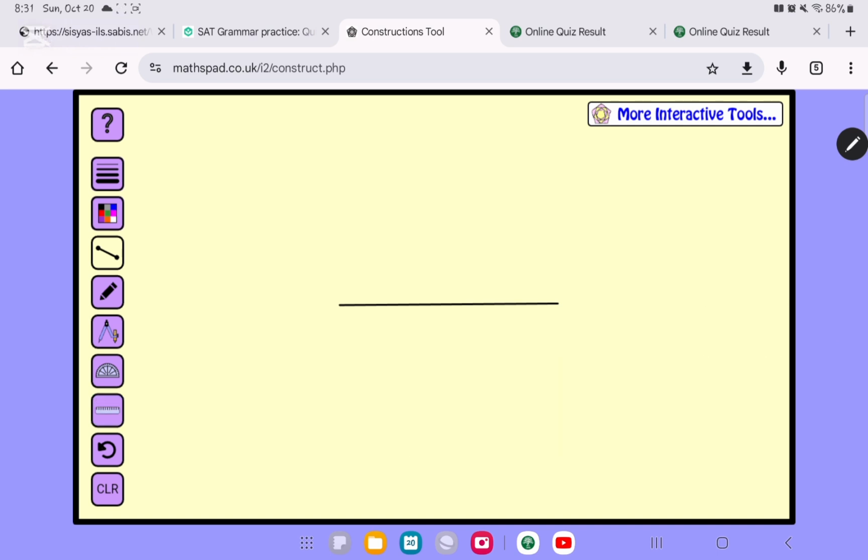Okay, so what are we gonna do if we need to make an equilateral triangle? Very simply, we're gonna start by taking the compass. And I also forgot to name the segment.